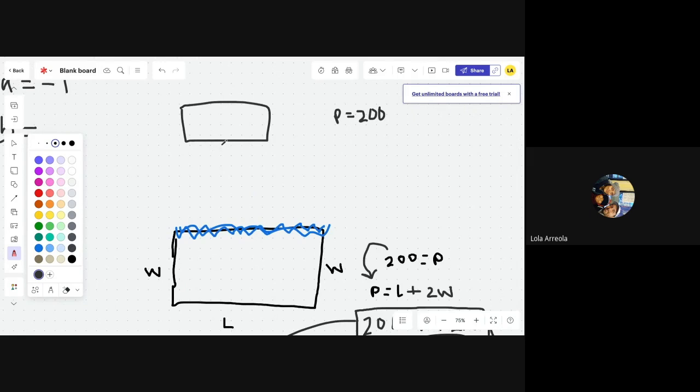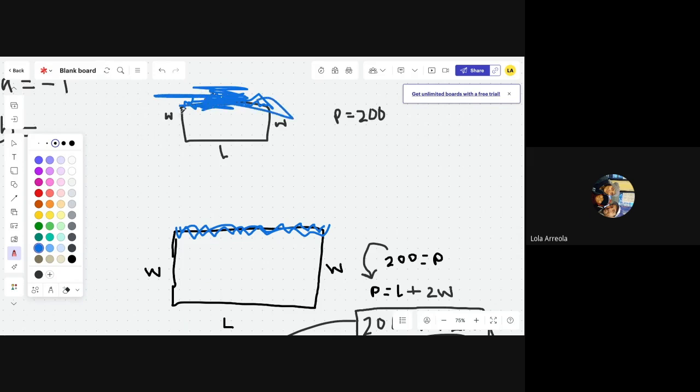For this problem, I know length and width, because I have a rectangle, right? For this problem, it says that the river is what borders one side, so I don't have to worry about fencing over here. That is why my perimeter is equal to length plus 2W, because there's a river here, we don't have to worry about fencing over here.